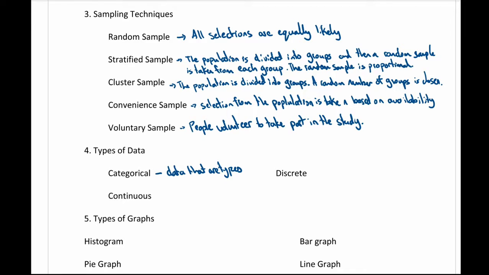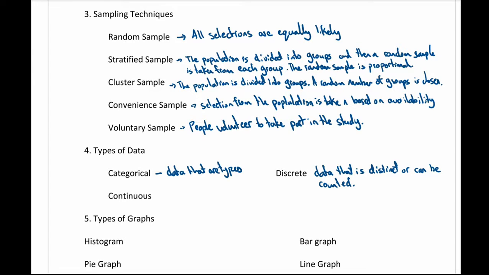Discrete is data that is distinct, or basically what it means, it can be counted. So if I wanted to know how many siblings you have, how many pets you have, how many students like a certain food, that would be discrete data.